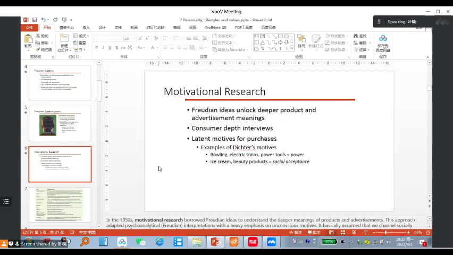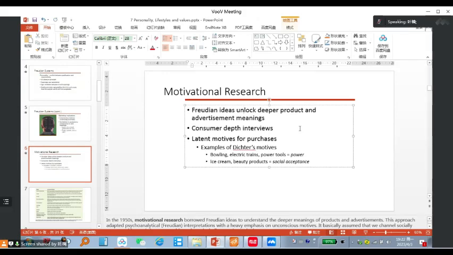And there are also many researches based on this Freudian theory, because Freudian ideas unlock deeper product and advertisement meanings, which is motivational research.